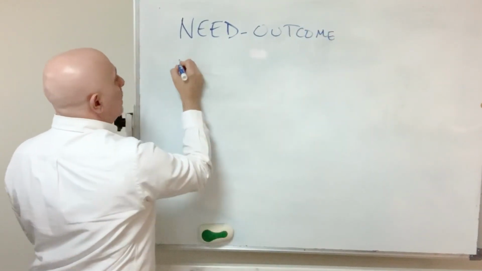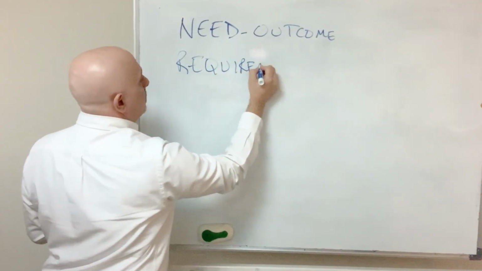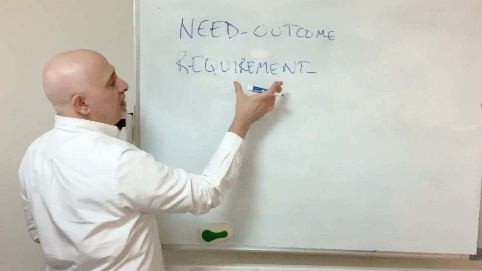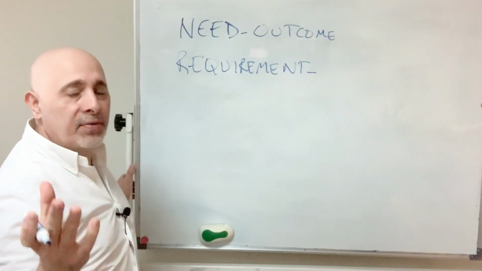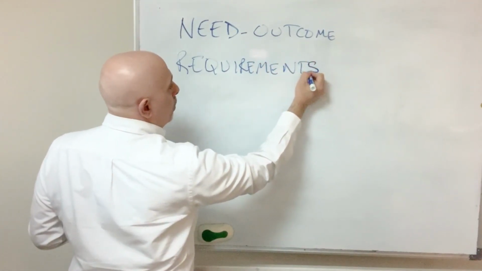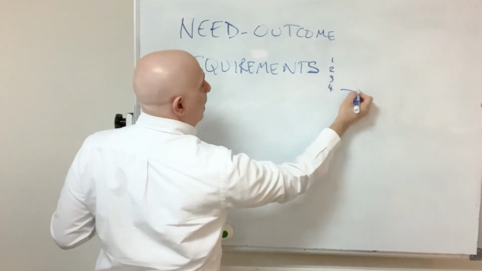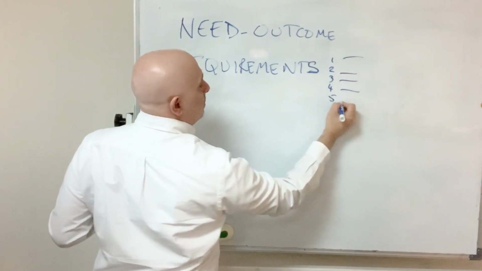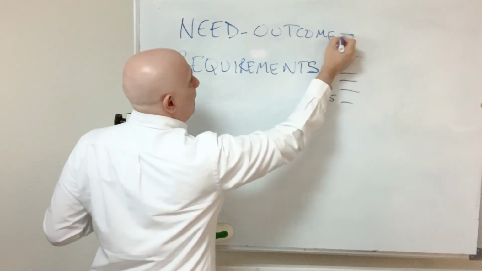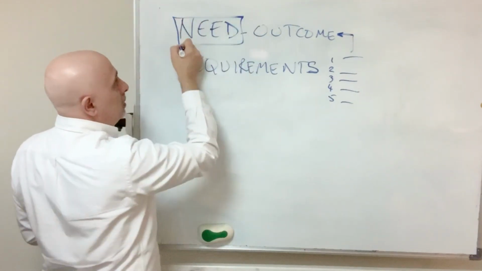And the requirement, which is what you will come up with, is the makeup or the specific pieces of that design that represents the outcome. So requirements would be line items 1, 2, 3, 4, 5, saying these are the items that we need so that we can give you that outcome that you require, which is what you stated in your need.